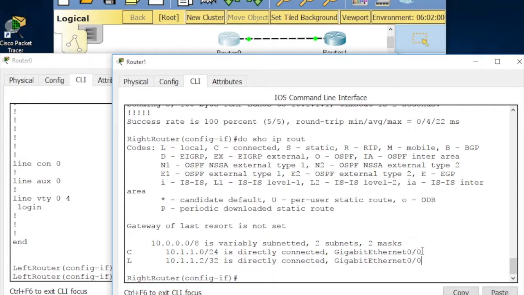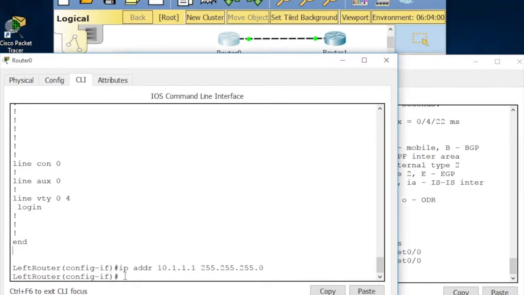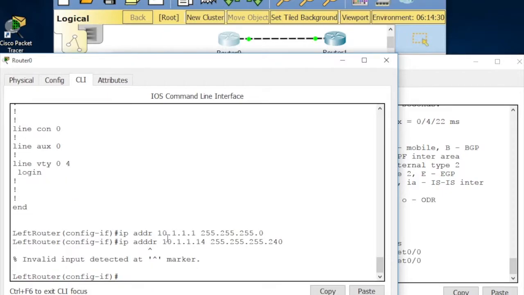So that's pretty straightforward. Let's do something a little more interesting for our purposes here regarding variable length subnet masking. So if I change the address here to 10.1.1.14 and give it a 255.255.255.240 mask, and spell address correctly, that would help.